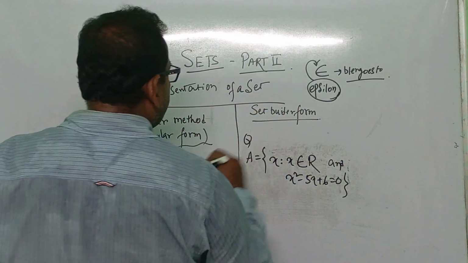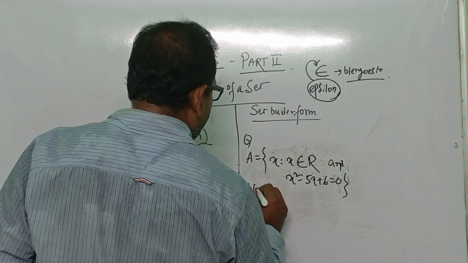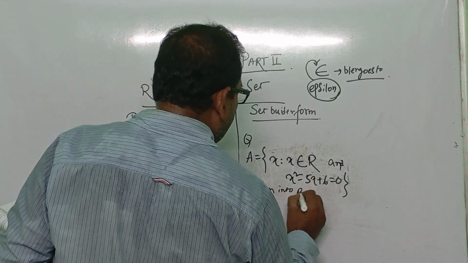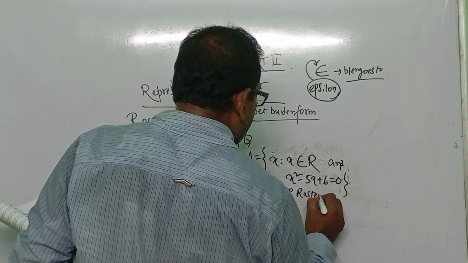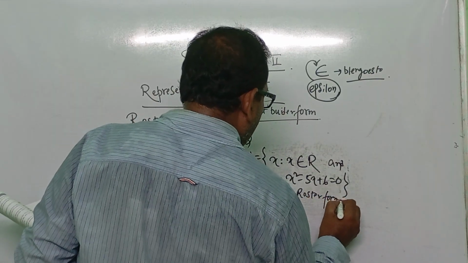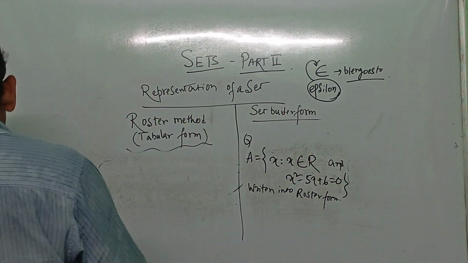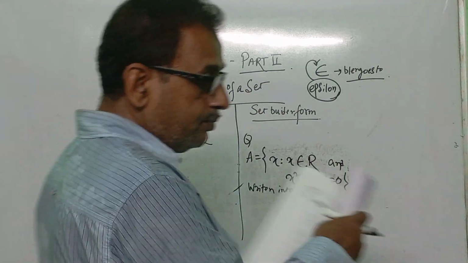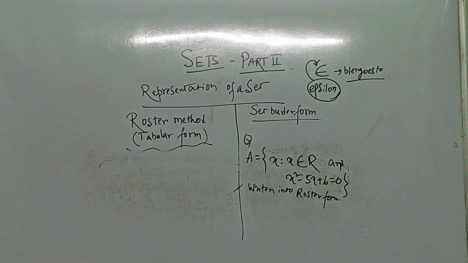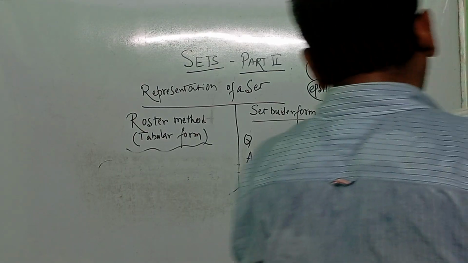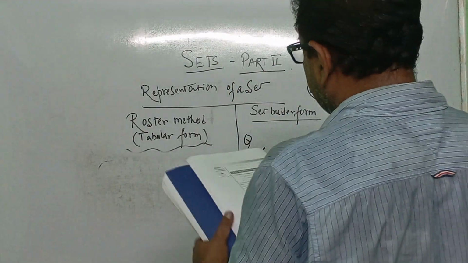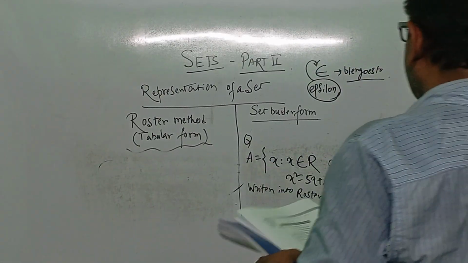The question is to write it in roster form. So how do we do that? This is a quadratic equation.